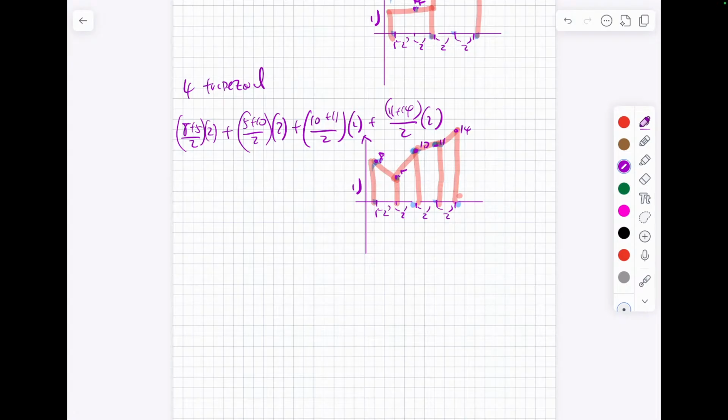On the test, they will always tell you how many you want. Yes, they will use 4 trapezoids in the majority of cases. Sometimes you can infer: if you have 4 pieces of data and you want the most accurate, then you have to do 3 trapezoids. On the test, you don't want to simplify it at all, not even 8 plus 5.